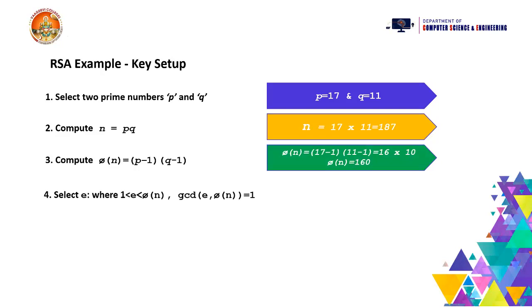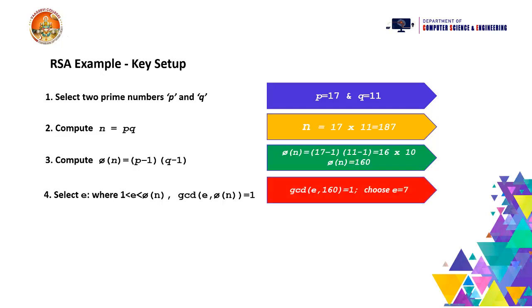Next select the encryption key by following two conditions. E must be less than pi of n, and the greatest common divisor of E and pi of n equals 1. So here we selected E as 7 because the GCD of 7 and 160 equals 1. Next calculate D. To calculate D, use this equation: D times E equals 1 mod pi of n.